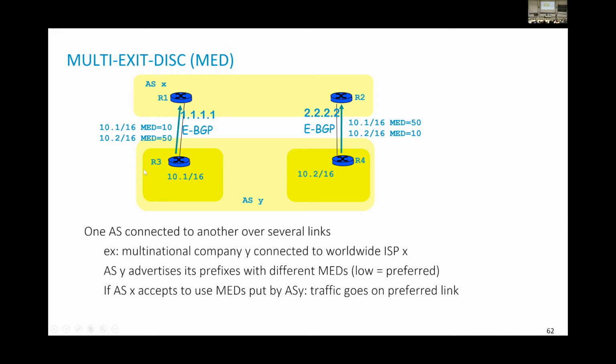There are cases where this happens, but if this does not happen, you can signal this with this field here, which is a priority field, but with the inverse logic than the one we saw before. Low is preferred. So here I am signaling to X that I have both 10.1 and 10.2, but I prefer you to use this exit for 10.1. And here it's the reverse. Here at this exit point, I prefer to use 10.2 here.